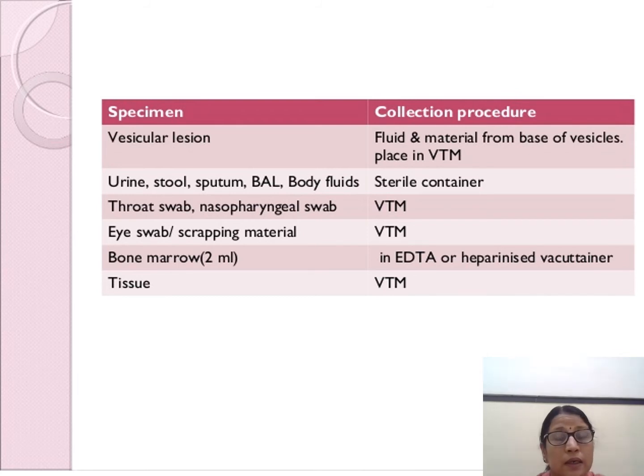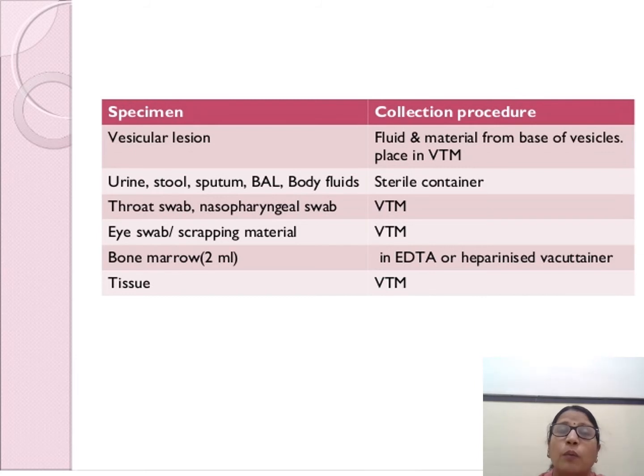If any delay is anticipated, we can keep that VTM at 2 to 8 degrees centigrade, means refrigerator compartment, up to 1 week. But if delay of more than 1 week is anticipated, then obviously we have to put our VTM at minus 20 degrees centigrade temperature. Then eye swabs or scraping material, if we are taking from the patient, then they should also be transported to the laboratory in VTM.